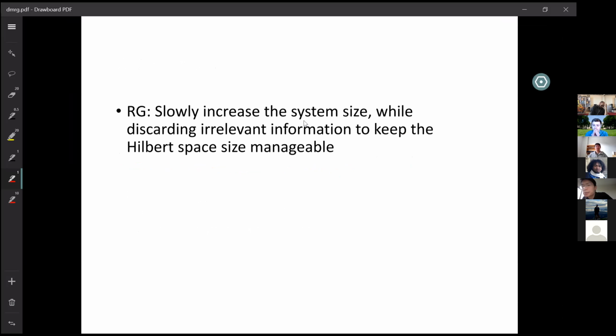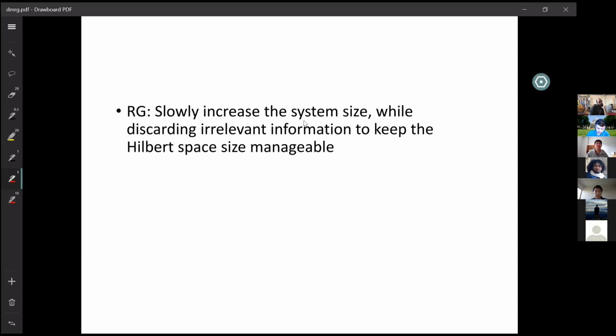Okay, so let me explain the name. We'll see what DM means. DM is density matrix, and RG means the idea is that we cannot directly start with a system with a very large size because of the exponentially high Hilbert space dimension, but we can start from a simple problem with a small system size, which we can treat exactly, and then we grow up the system little by little.